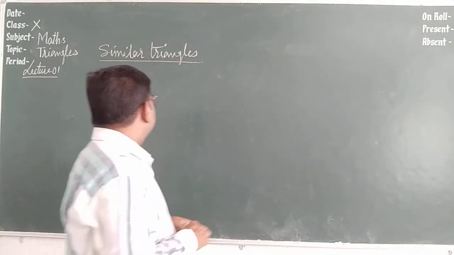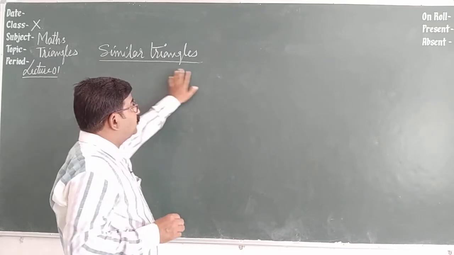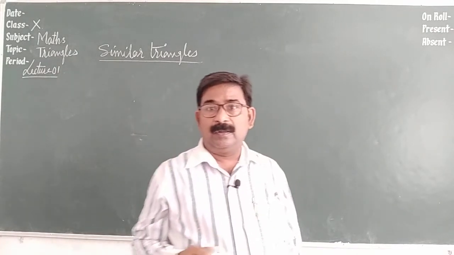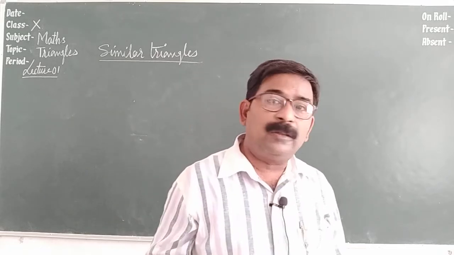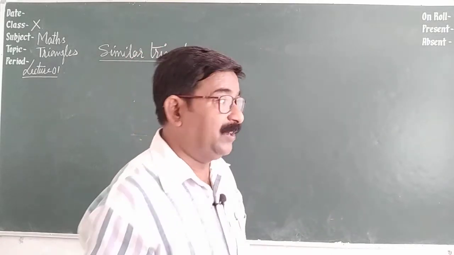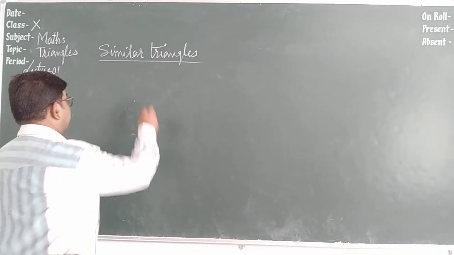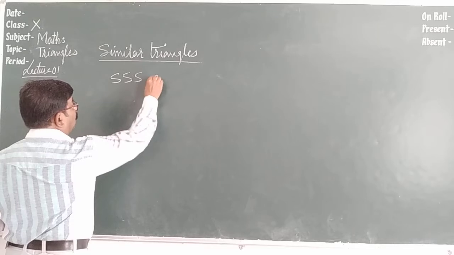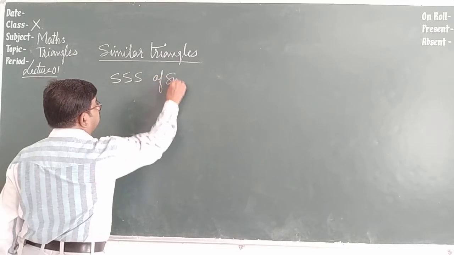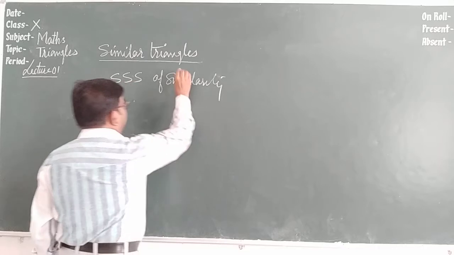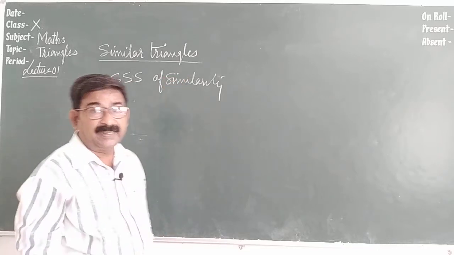So on what basis are two triangles said to be similar? We have the first criteria, the SSS criteria of similarity: side, side, side.